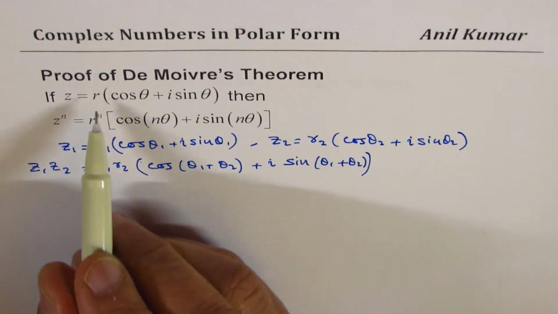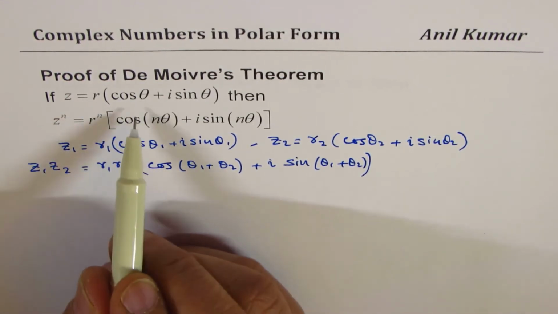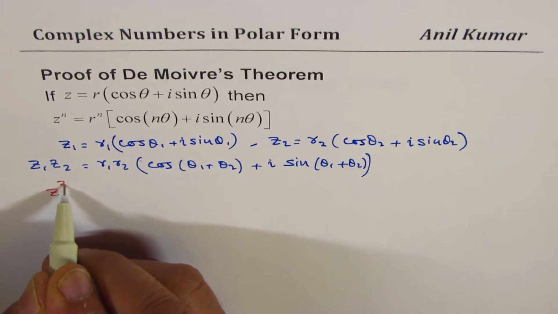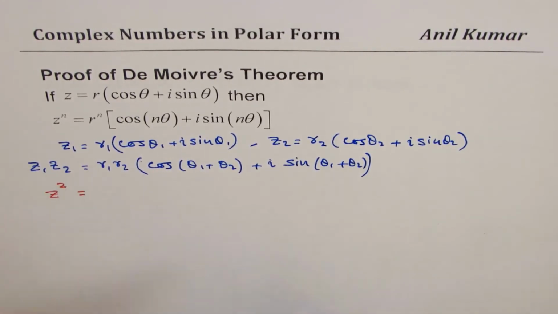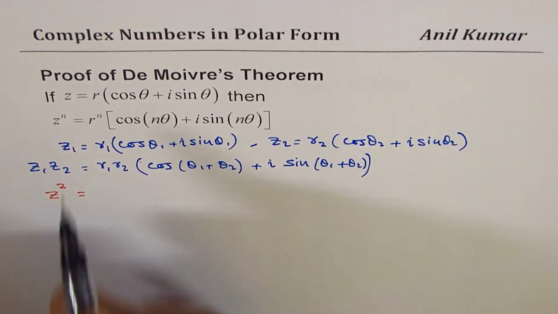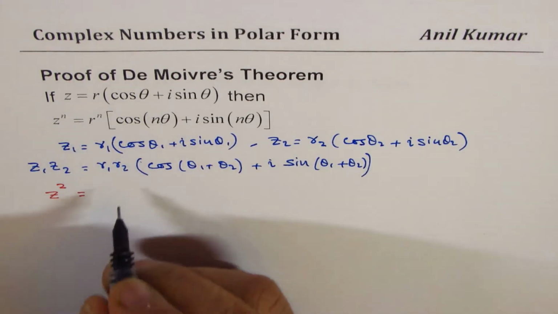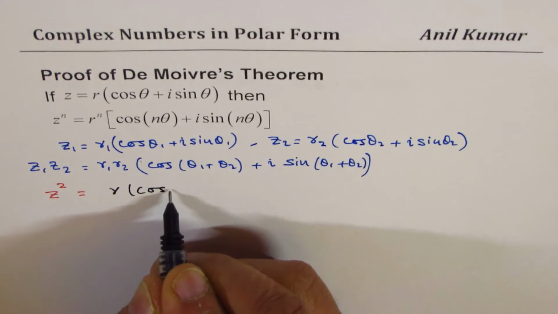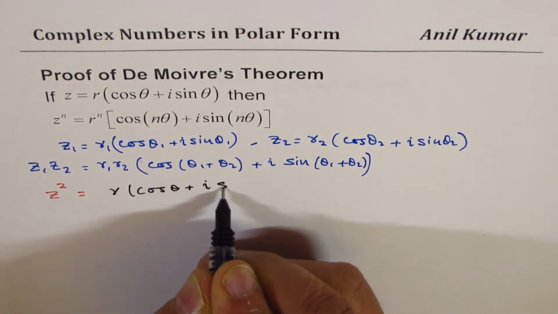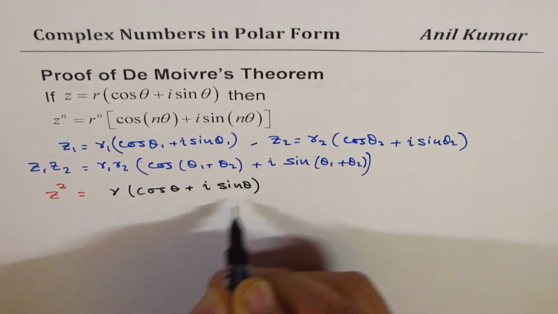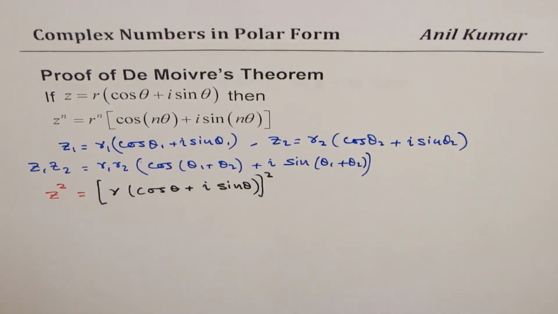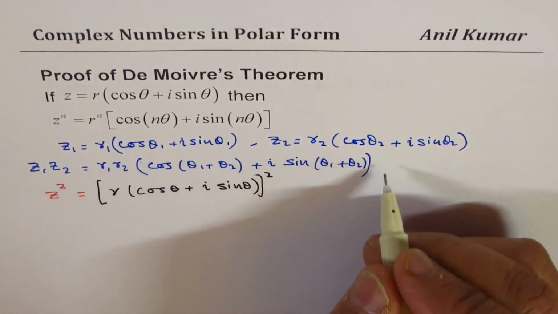Now, in our case, when we do power, let's say we want to find z squared, for example. So what are we doing here? We are writing z as r times cos theta plus i sine theta. If I have to square it, I can apply this formula directly.